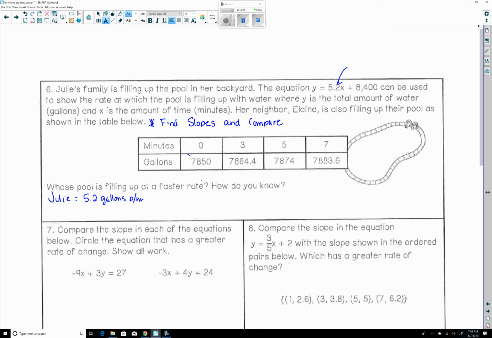Okay, so let's go ahead and do change in y. I'll do it both ways. So 7,850. What am I adding to it to get to 7,864.4? How could I figure that out easily? Well, I could grab my calculator and actually plug in 7,864.4 and subtract 7,850. When I do that, I get 4.8.